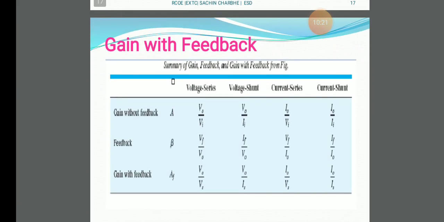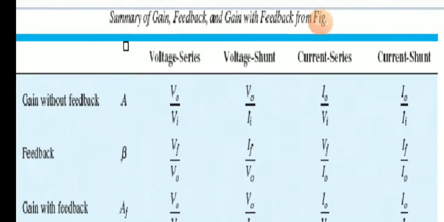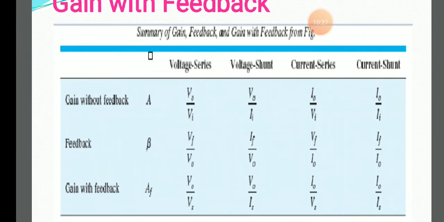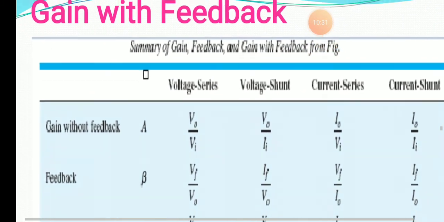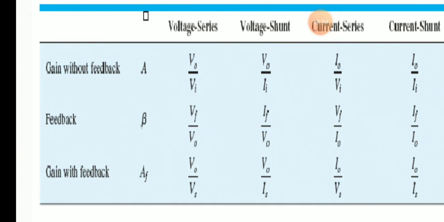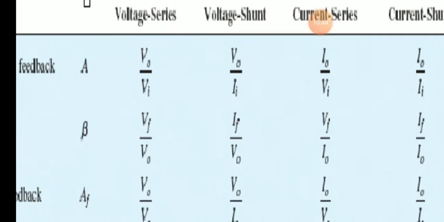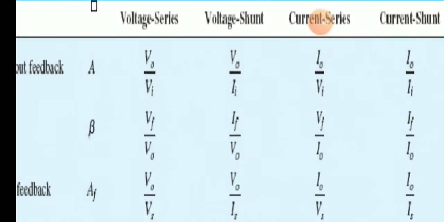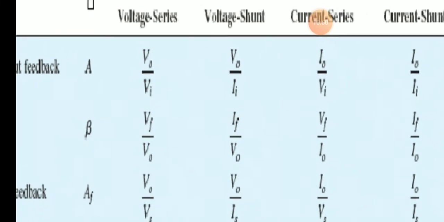Now we will see the summary of gain without feedback and with feedback. Gain without feedback we consider A, the feedback element we consider beta, and gain with feedback we consider AF. There are four types of feedback amplifier we studied: voltage series, voltage shunt, current series and current shunt.